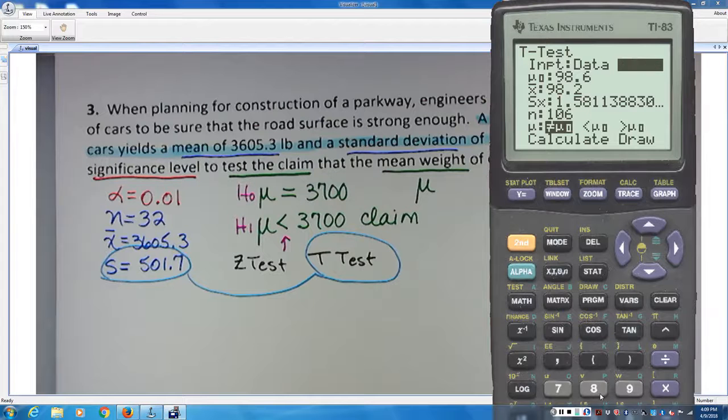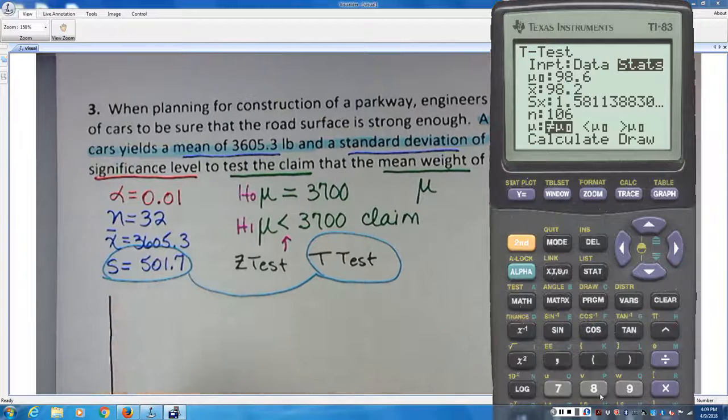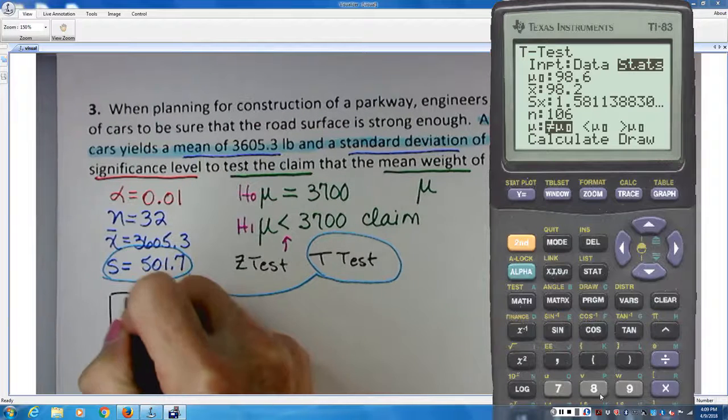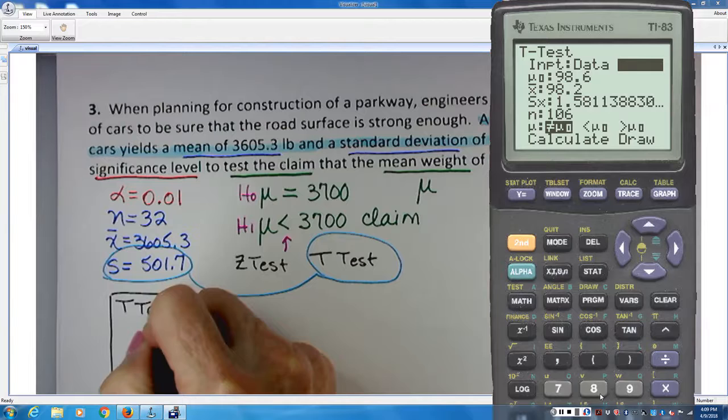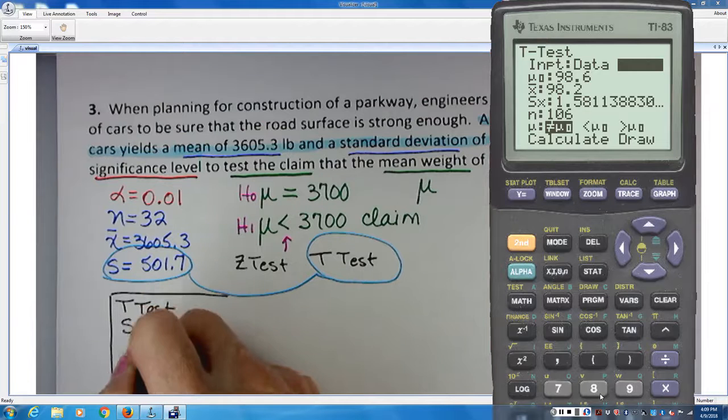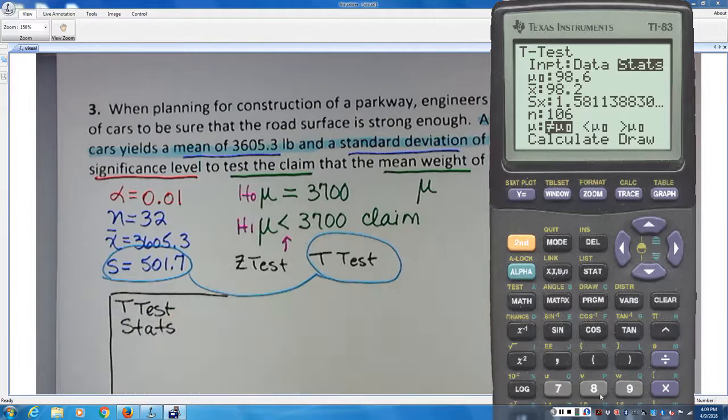So the information that we have comes from statistics, not data. The value of the mean in the claim is 3,700. The value of the sample mean is 3605.3.